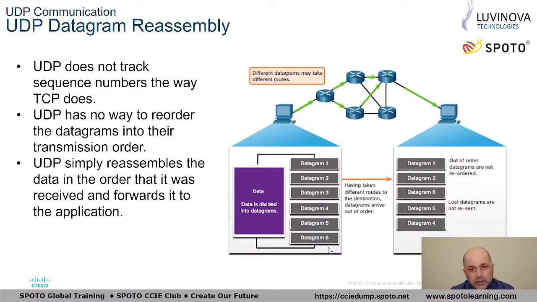We already talked about it, but you must remember that UDP is a fast, low overhead and not reliable protocol. UDP has no way to reorder the datagrams into their transmission order. If they are received in the wrong order, they're going to be reconstructed in that order. There is no possible way of tracking the order of sequence.